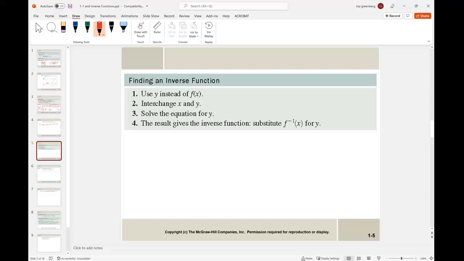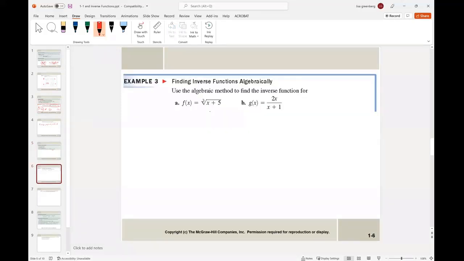Then we're going to interchange X and Y, and I'll show you again. And then we're going to solve for Y. And whatever we get after we solve for Y, we change the Y to F inverse of X because that gives us our inverse. So a lot of them are very simple. There's some that are a little more difficult. I'll show you both.